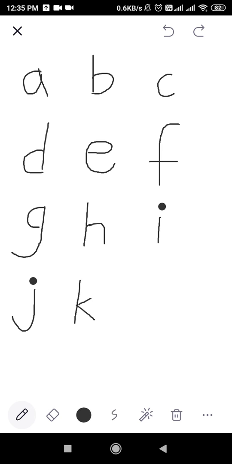Then next letter L. Just make a standing line. Letter L. L for lion, lemon. And next letter M. You have to write letter M by making a smaller standing line and a shape like this. So it's letter M. M for moon, M for monkey. Then next letter is letter N. N for nest.